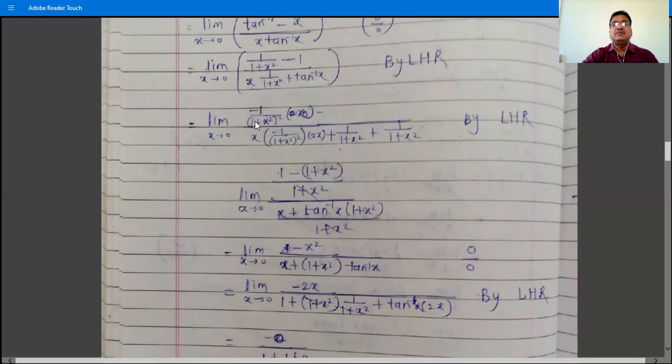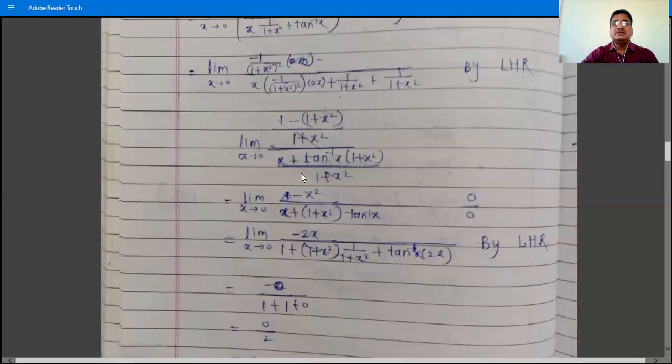So minus 2x by (1 plus x square) whole square. The derivative of minus 1 is 0, and the derivative of x into 1 by 1 plus x square, by the u into v rule, is x into minus 1 by (1 plus x square) whole square into 2x, plus 1 by 1 plus x square, that is v, times the derivative of u, which is 1, plus the derivative of tan inverse x, which is 1 by 1 plus x square. And then simplification.